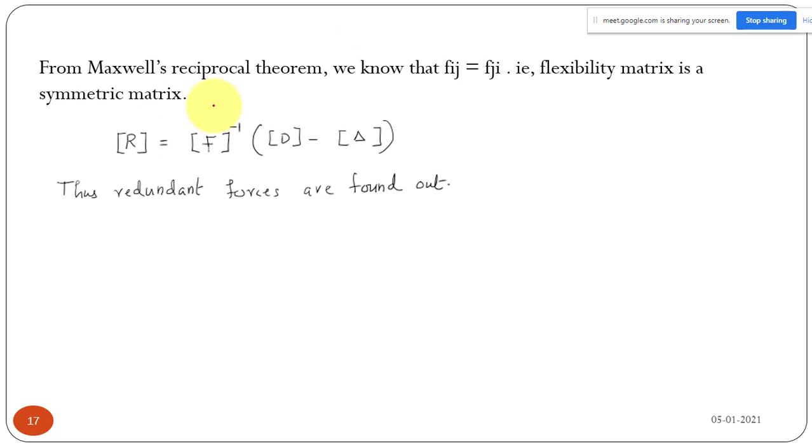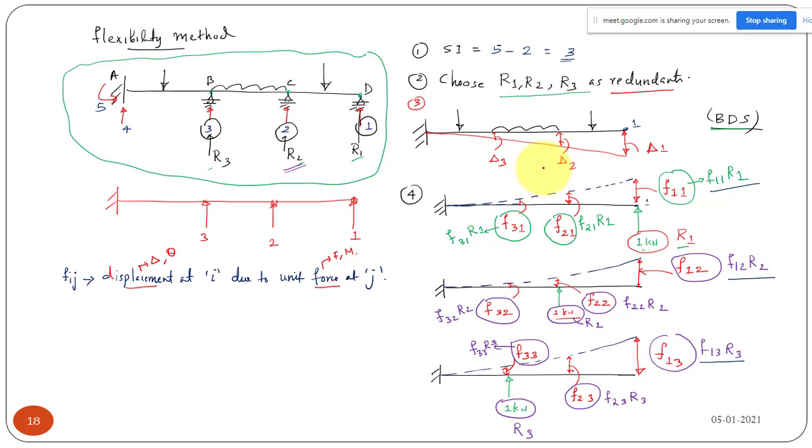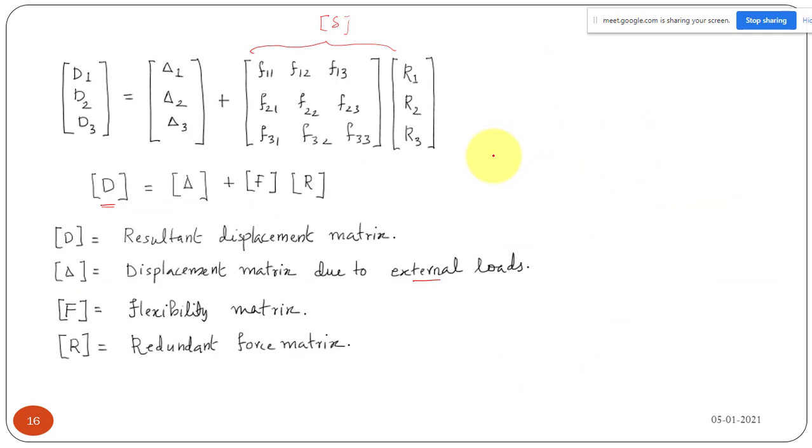How are we getting this delta 1, delta 2, delta 3? We are taking all the external load on the basic determinate structure, that gives delta 1, delta 2 and delta 3. That is why delta is known as the displacement matrix due to external load. And this 3 by 3 matrix we will call the flexibility matrix.